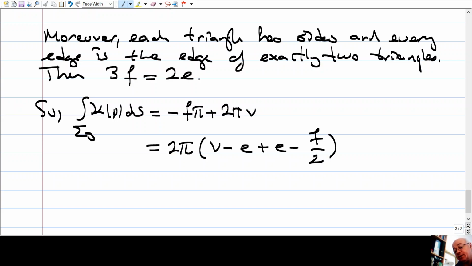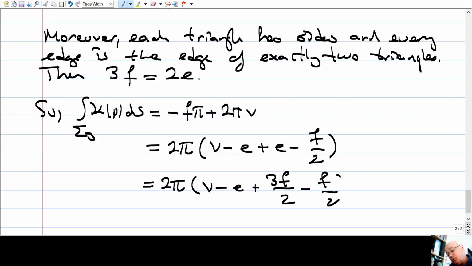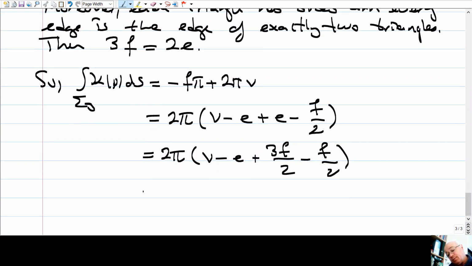But then I make use of this identity here, and that tells me e is equal to 3f over 2 minus f over 2. So that gives me 2 pi times v minus e plus f.